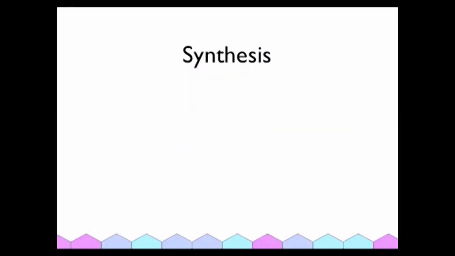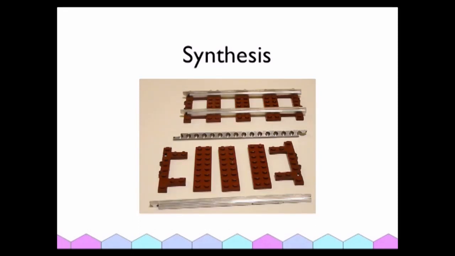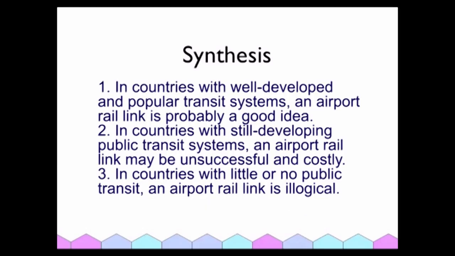We've come to the big event. How will we put all of this together? It's clear that airport rail links around the world have had varying success. That simple idea is one way that we can connect them all. We can, of course, add detail. We could say, in countries where public transportation is already well developed and well used, adding an airport rail link is a logical idea.